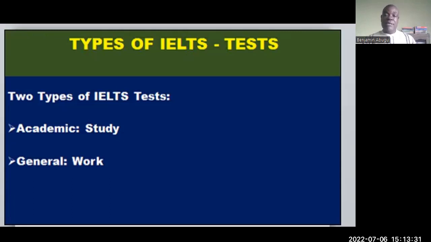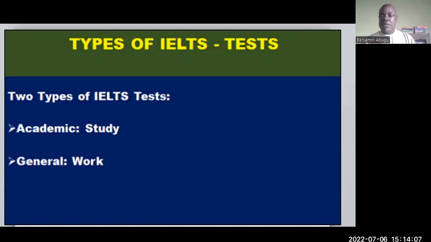It is only the IELTS Academic test that is actually valid. Now, the same thing applies to those who are going to live and work abroad for immigration purposes. What is needed is the IELTS General. So if you obtain the IELTS Academic and you are just going to work, it's not valid. So make sure you know exactly the particular purpose of your traveling to that country.